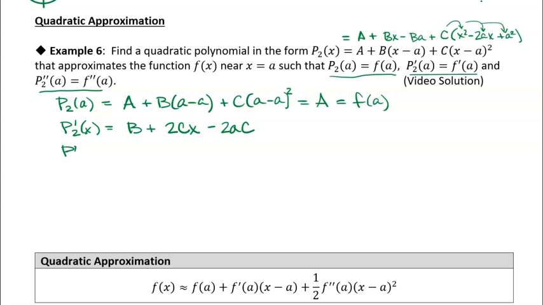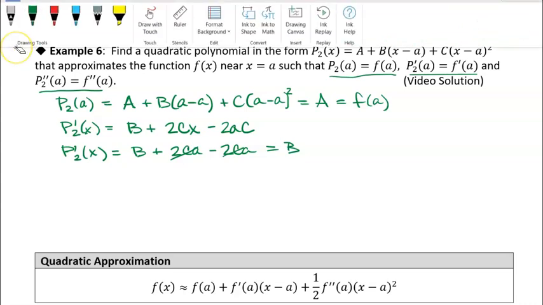Now, when I put in x equals a, p prime of the second degree polynomial at a, I'm going to get b plus 2ca minus 2ca. And ac and ca are the same, so you can see these are going to cancel. So I just get b. This is at a.